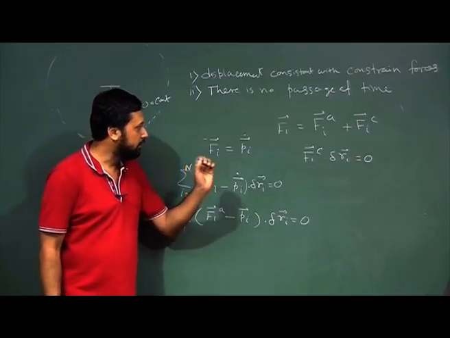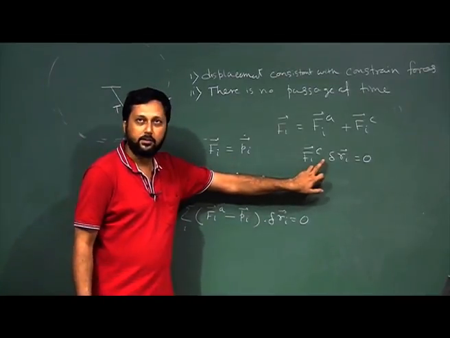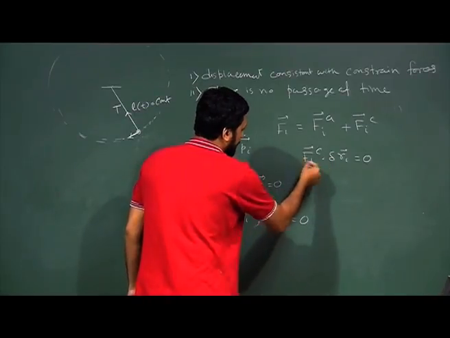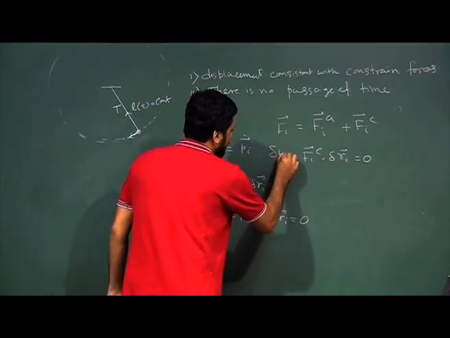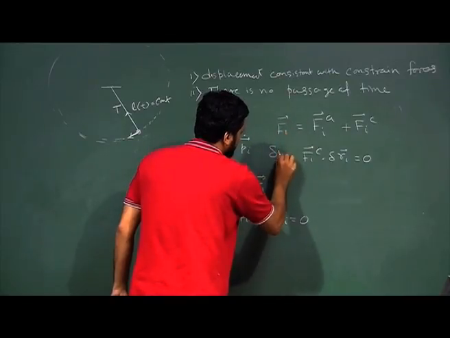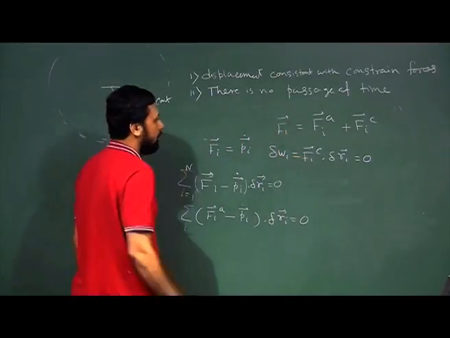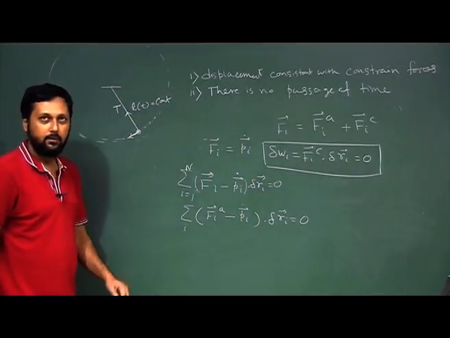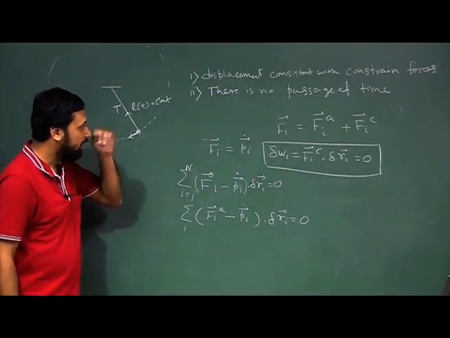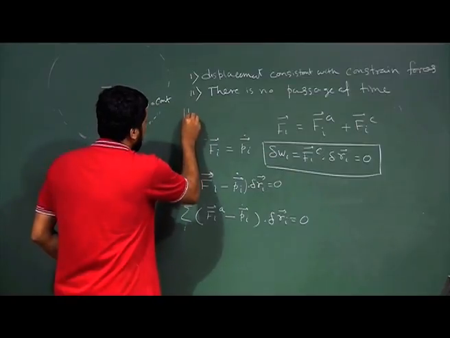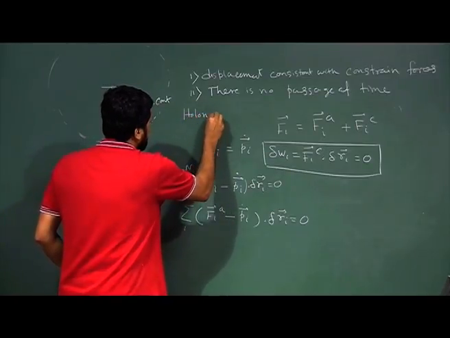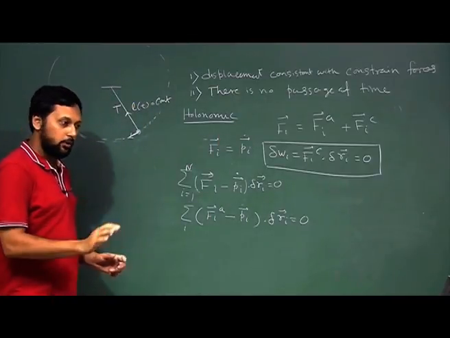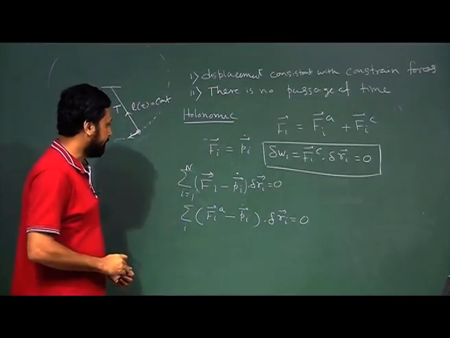So, for each individual particle, if we are considering virtual displacement, the work done due to virtual displacement has to be equal to 0, that we have shown already, right, for any holonomic system. Please remember, all this formulation is for holonomic. Non-holonomic systems we will consider later.